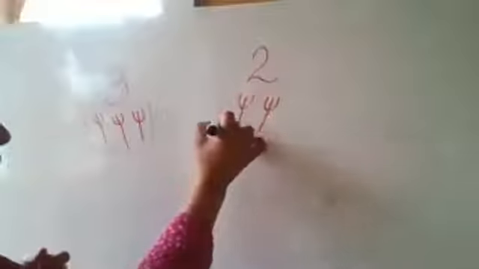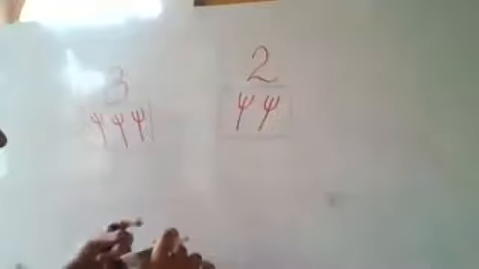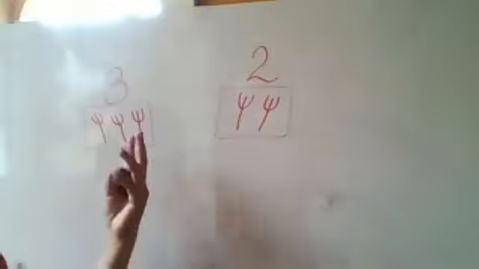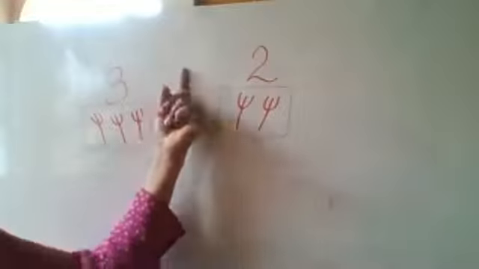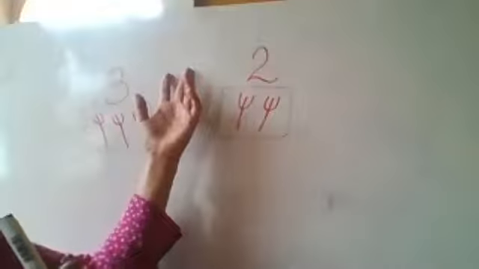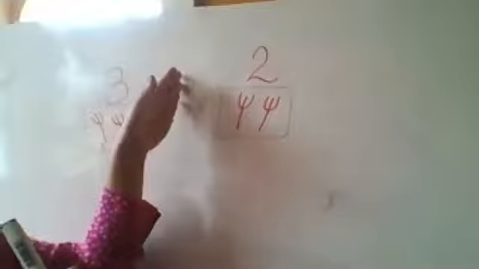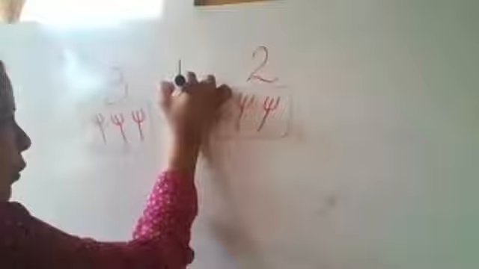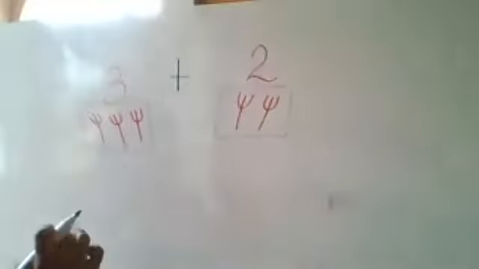This is one, this is another group, 2 groups with different amounts of objects. But what sign is missing here, Fabiana? It is equals or plus. Which one can be here? Let's see. Plus. Very good. Plus. Look. La crucita. Plus.